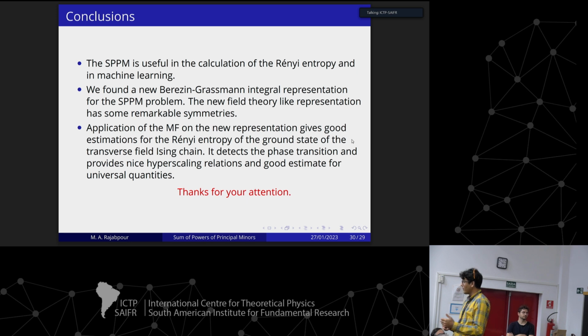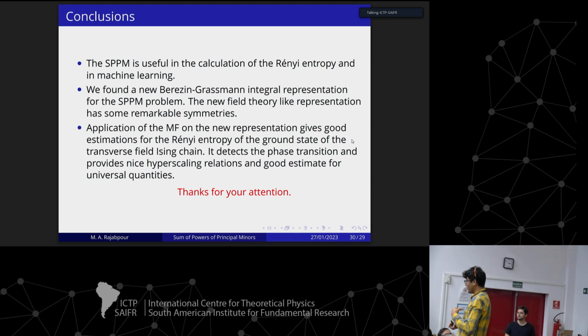So here, the interpretation is that when you do the integration over a particular Grassmann variable, that means that you actually have one fermion there. And if you don't, that means it was like a principal minor, right? I was removing some stuff and keeping some stuff. So the keeping part was that I had fermions, which meant I have a bunch of spins up. Okay, thanks.